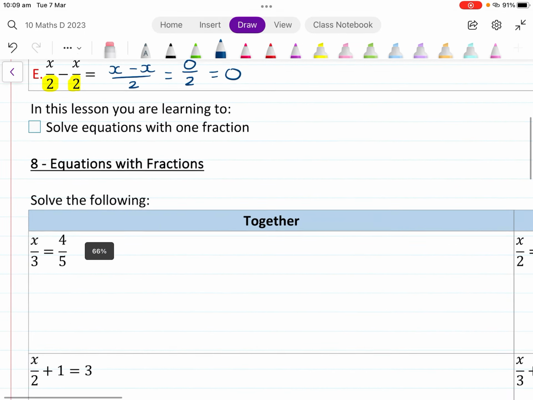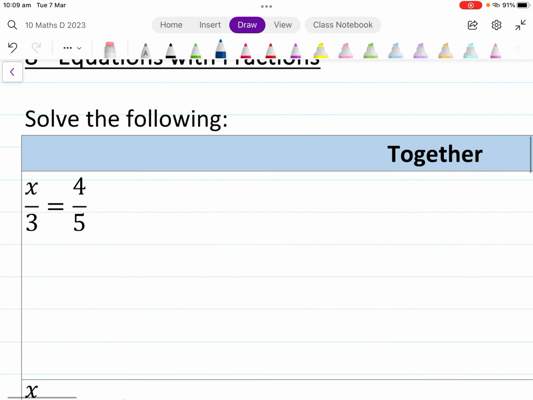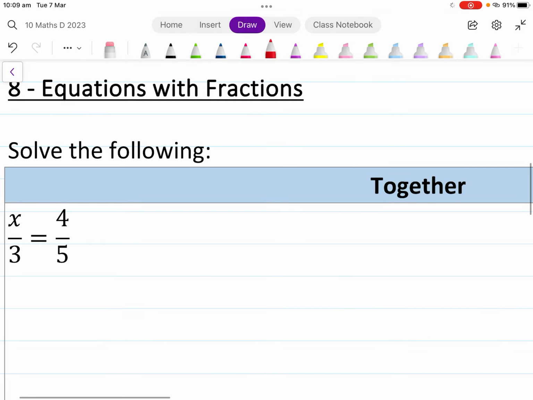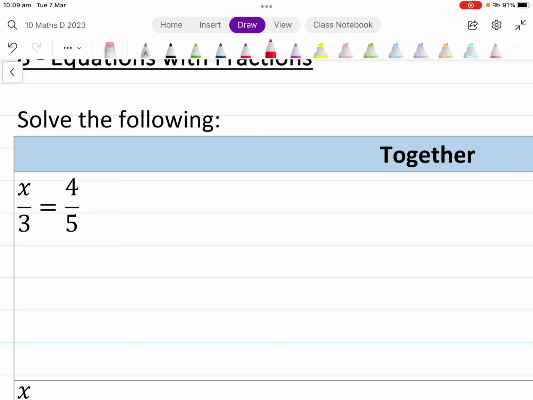Our first one here is x over 3 equals 4 over 5. What we want to do is find the x by itself. So we want to get rid of this divided by 3. The opposite operation to divide is times. So we're going to multiply both sides by 3. This leaves us with x equals 3 times 4 over 5.